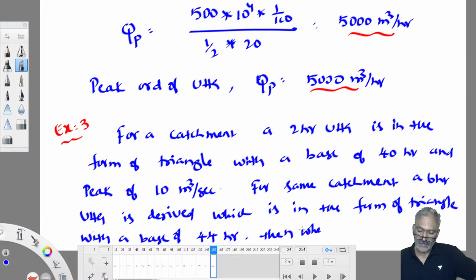What will be the peak of the 6-hour unit hydrograph? That was the question.